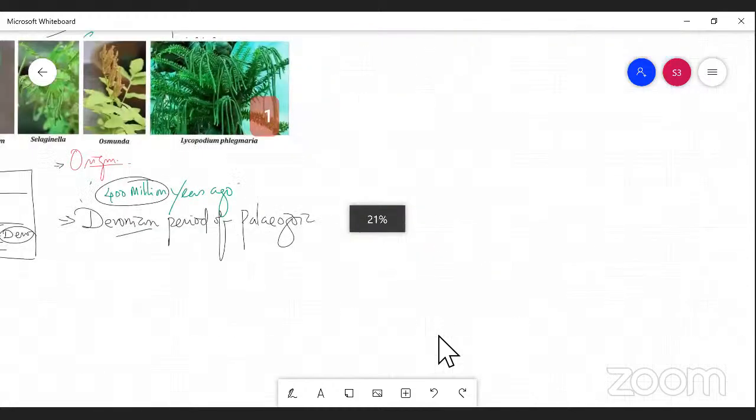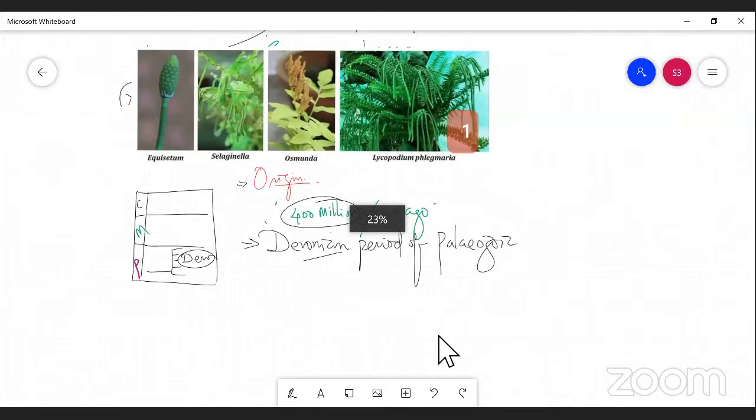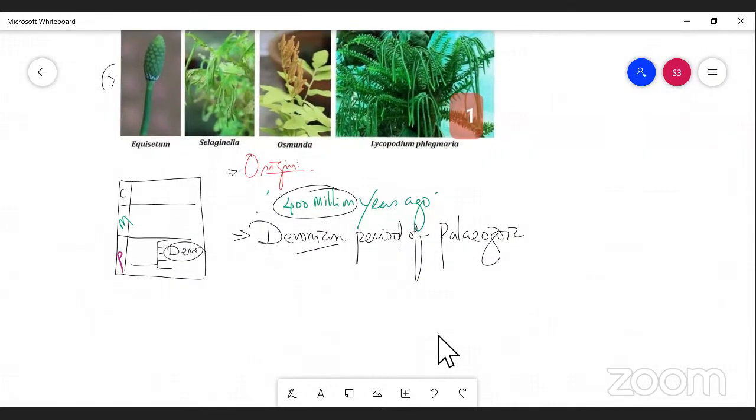These members originated just 400 million years ago, during the Devonian period, one of the periods of the Paleozoic era. During that time, these members gradually originated and rapidly occupied the world, right?